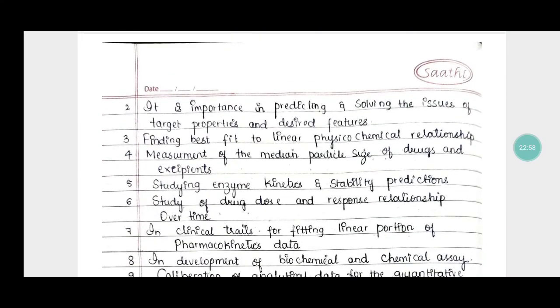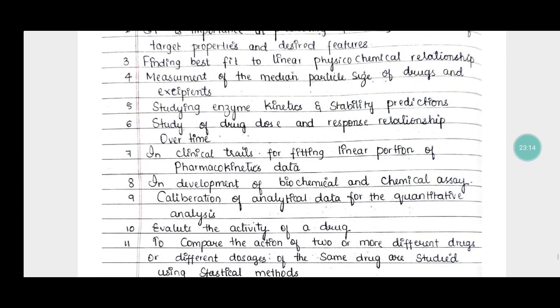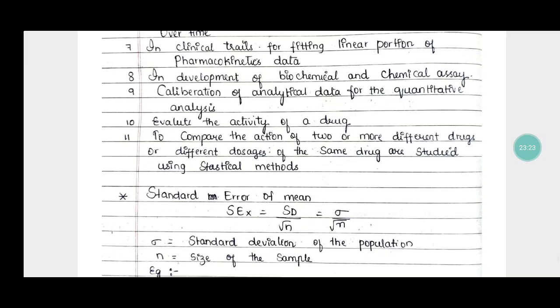It is important for predicting and solving issues to target properties and desired features, as in the study of drug dose and response relationship over time in clinical trials, fitting the linear portion of pharmacokinetic data, and comparing the action of two or more different drugs or different doses of the same drug using a statistical method.